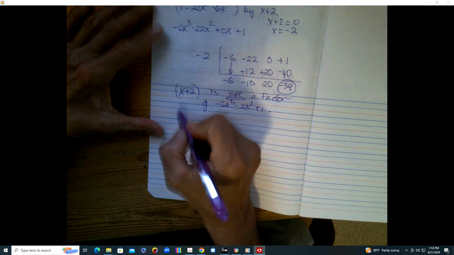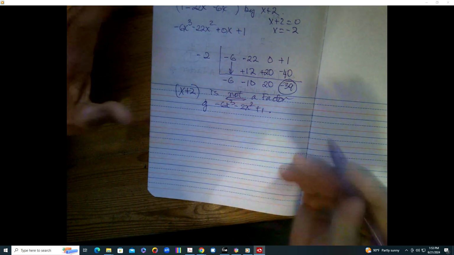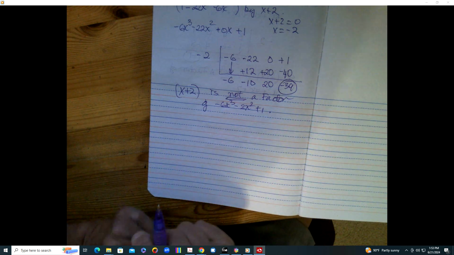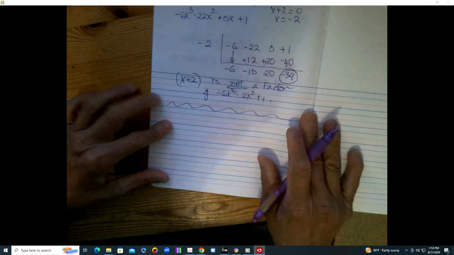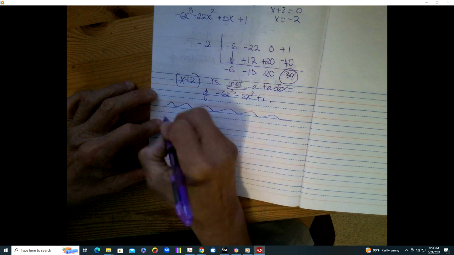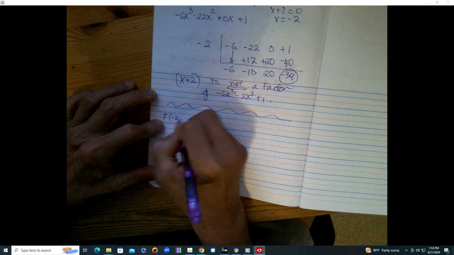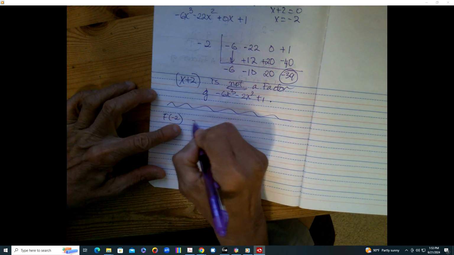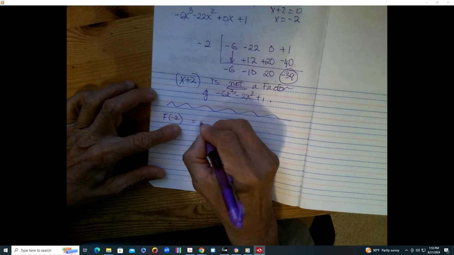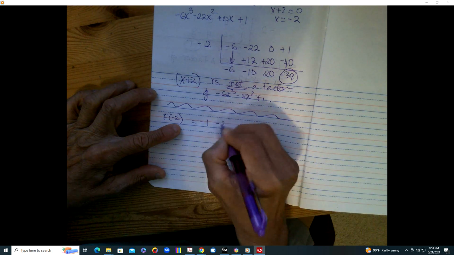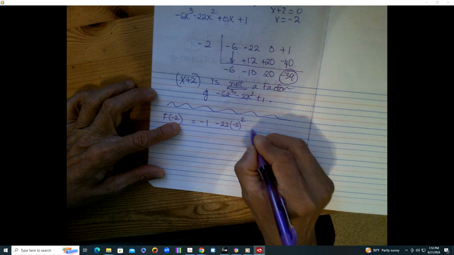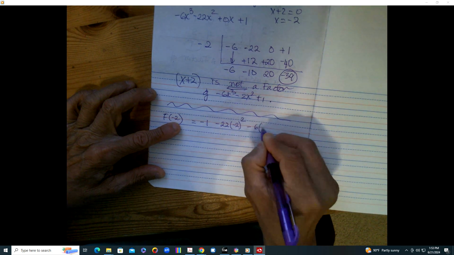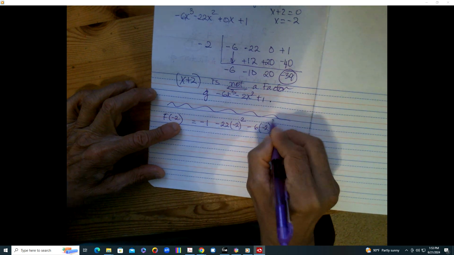Okay, we can also use the insert method to see if the remainder is 0. So bác có thể để là f sub negative 2. And bác có thể plug it in. 1 minus 22 times negative 2 squared minus 6 times negative 2 to the third.